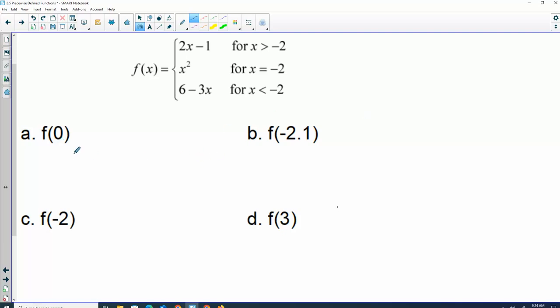So if I said f of 0, this is an x value. So I have to look at my x rules to decide which one I'm using. Is 0 greater than -2, equal to -2, or less than -2? Greater. So I'm using the first rule. So that's 2 times x minus 1. And we get -1.